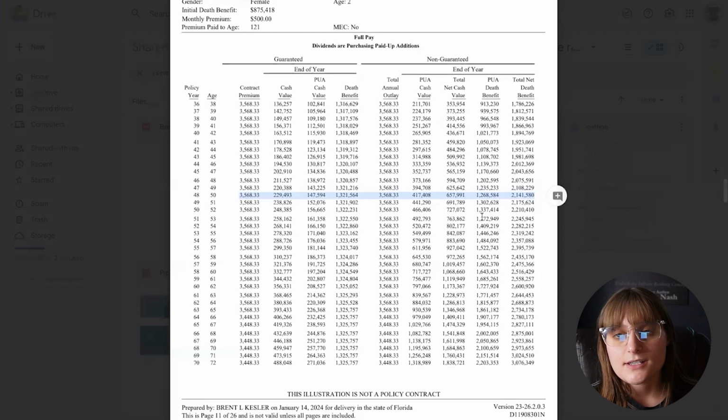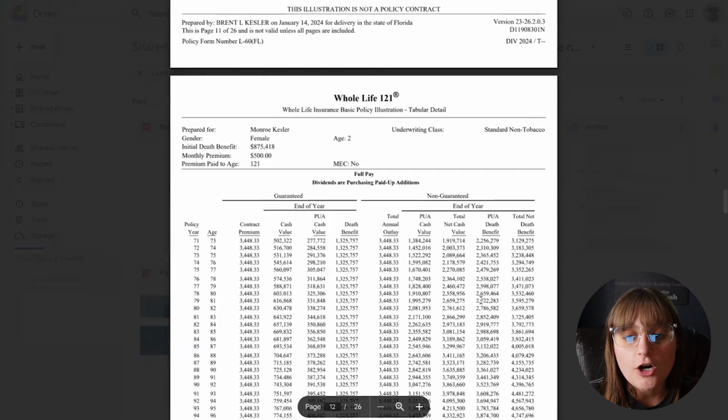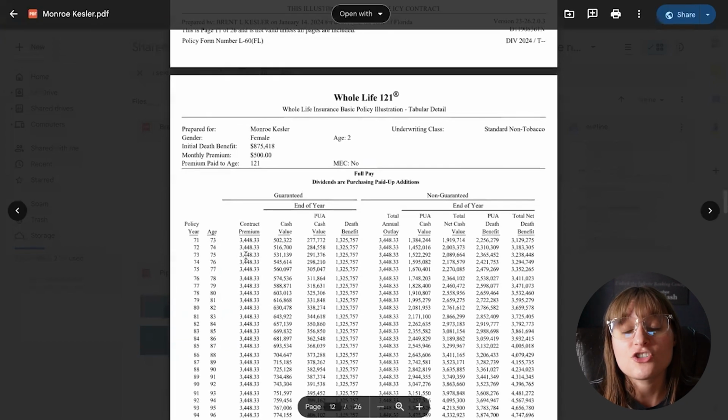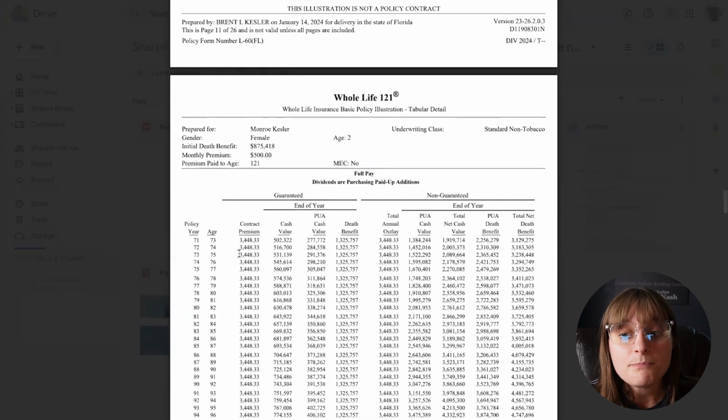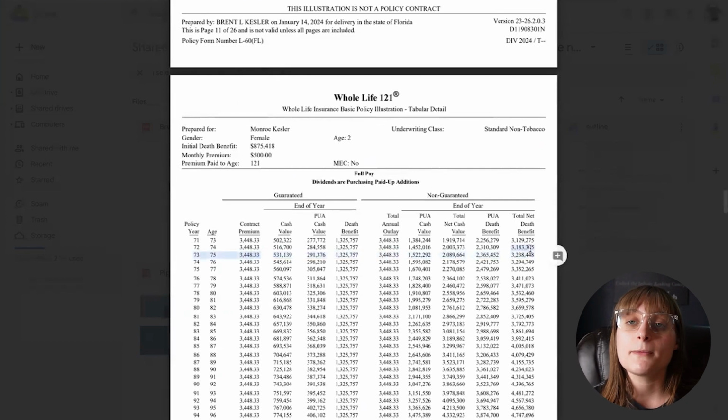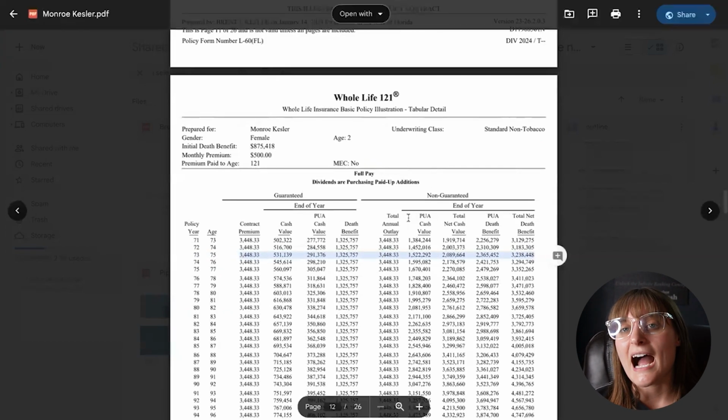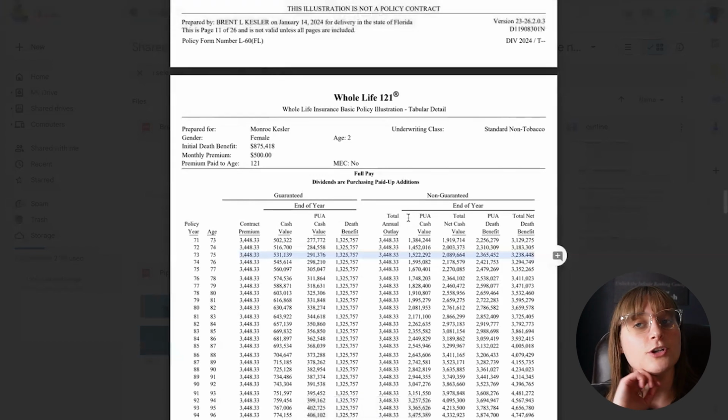So yes, if Monroe totally wanted to, she could stop paying premiums. Let's say that she hits age 75 and she says, you know what, Hannah? She calls me mom, by the way, because she's Monroe. She's my kitty cat, remember? So she says, okay, mom, well, I don't want to pay these premiums anymore. I just totally want to stop that premium contribution.